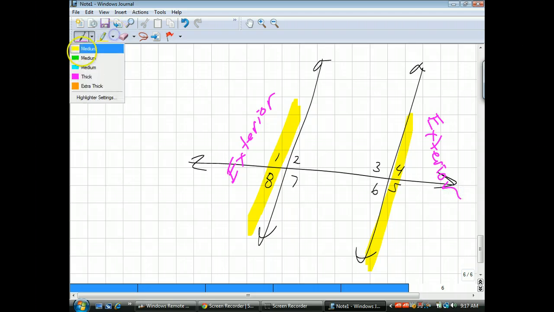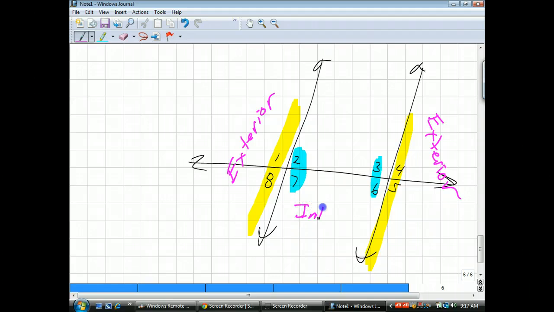And notice that these 4 angles are between the two lines. Okay, so because they're between the two lines, we would say these are interior angles. Okay, so in our picture here, the exterior angles would be angles 1, 4, 5, and 8.